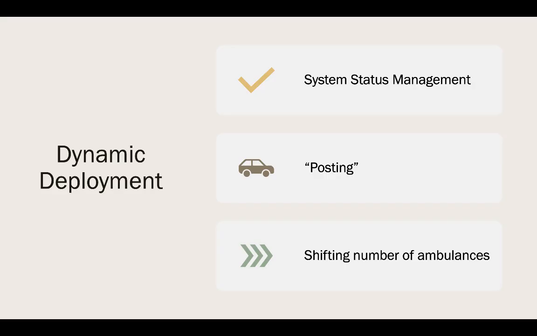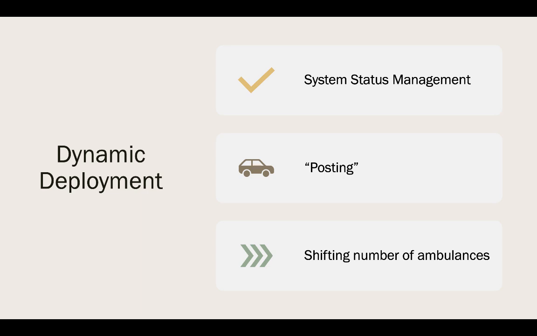On the dynamic side, now we are shifting away from our fixed locations, and we have ambulances moving throughout our system, moving throughout the community during the course of the day. System status management falls under this dynamic deployment idea. You'll have ambulances, what we usually call posting.